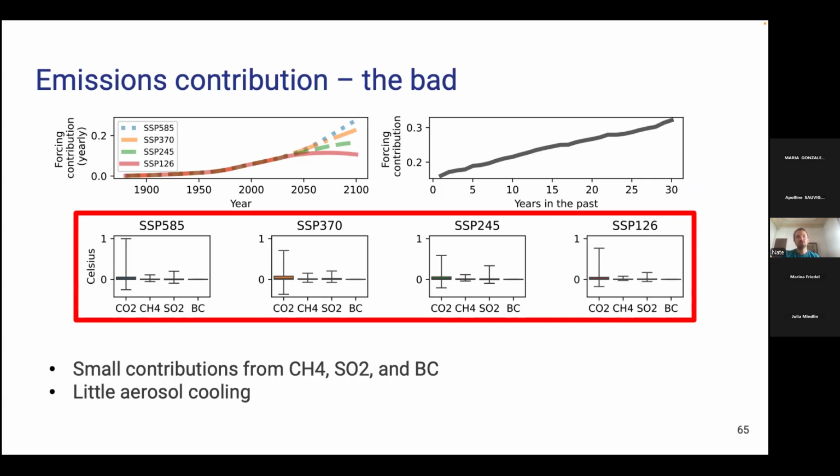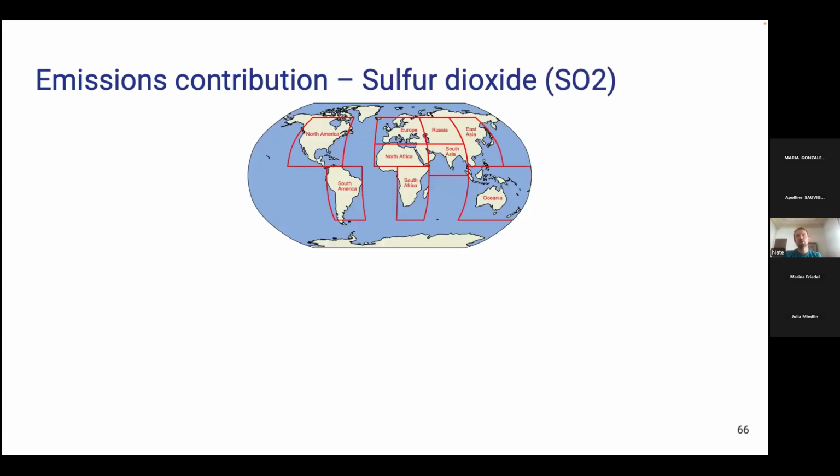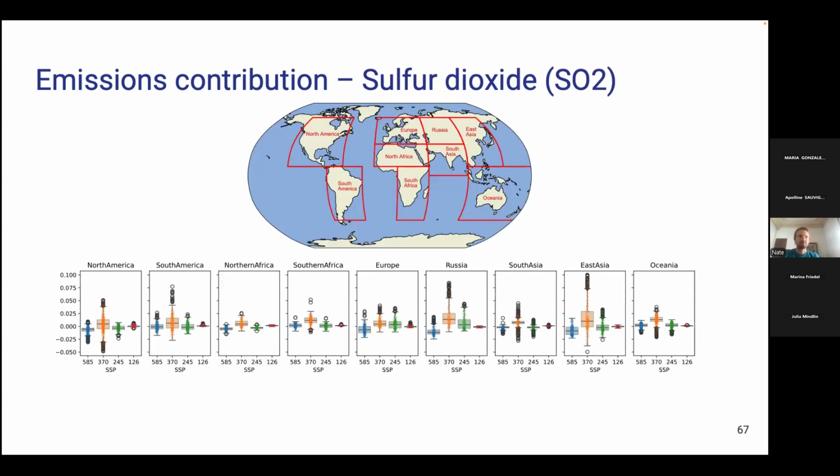So something I wanted to do is double click on the aerosol emissions and look just at sulfur dioxide on land masses. And so when we do that, what I'm plotting here is the pixel value distributions.